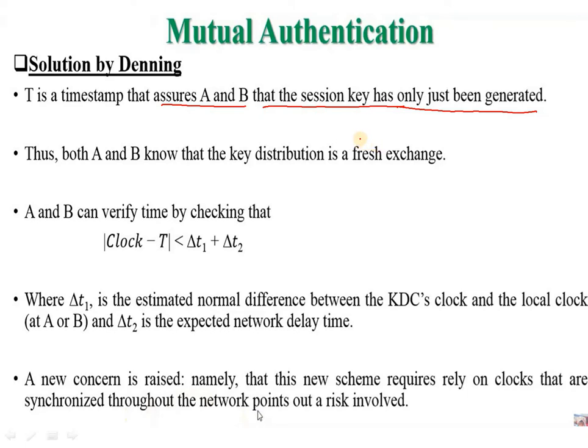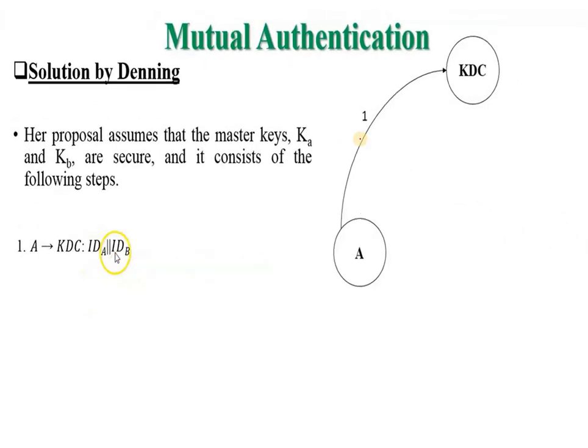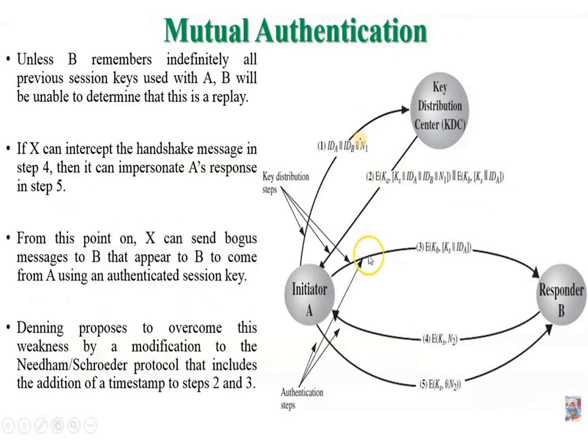Because previously in the Needham-Schroeder model there was no timestamp, hence when the session key was generated is not known to both the initiator as well as the responder. Here what X did is, it kept a copy of this message and after some time shares that message. So timing is not known to the responder as well as the initiator.